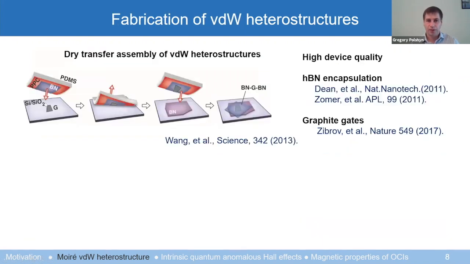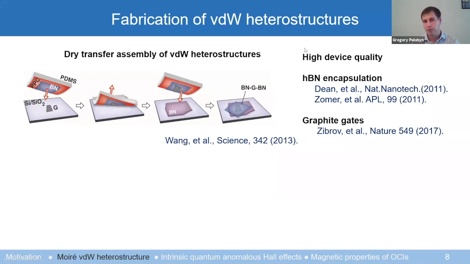We assemble these van der Waals heterostructures using the so-called dry transfer technique, which uses a polymer stamp to subsequently pick up flakes of van der Waals materials, building the so-called stack. And over the years, there were a number of important improvements in fabrication techniques, which allowed us to significantly increase the quality of these devices.